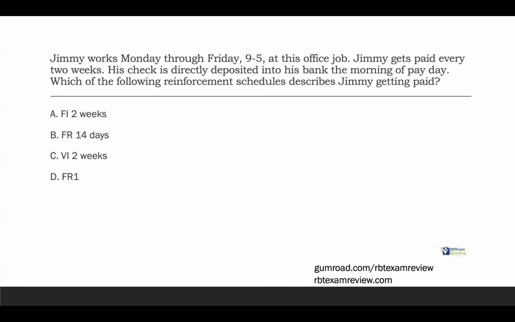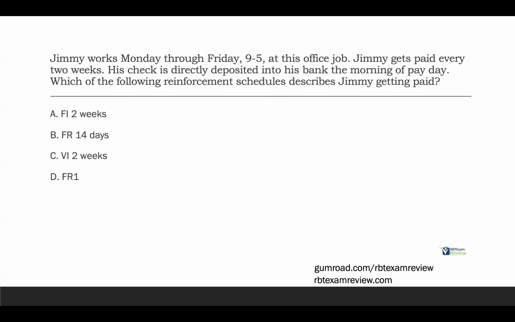What about B? Fixed ratio 14 days. No, right? That doesn't really make sense, okay? Because that's not even a time schedule, right? 14 days is time. FR is ratio response, okay? So B is wrong. C, variable interval 2 weeks. What's wrong with C? Well, variable doesn't describe Jimmy's reinforcement.